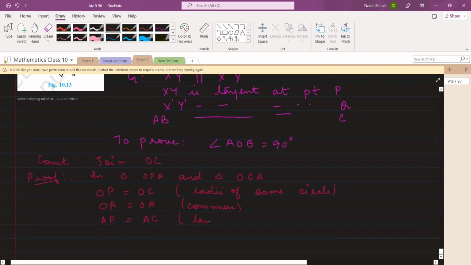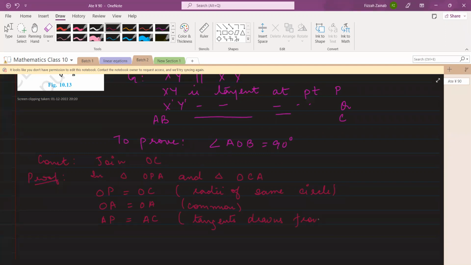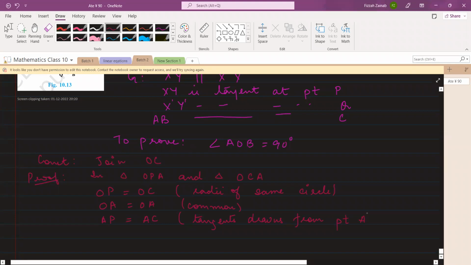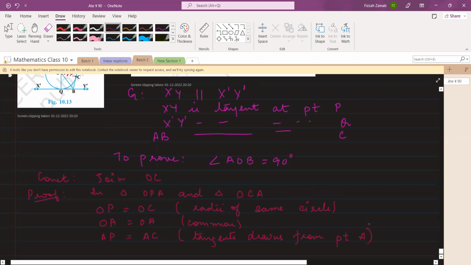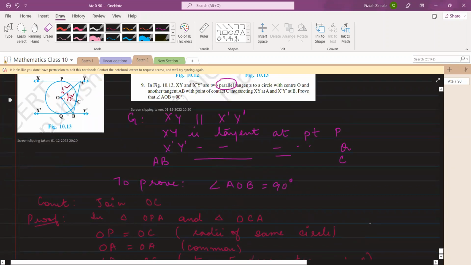No, no, just wait. Tangents are drawn from point A, so ultimately they are equal. Not all the angles equal. Angle 1 and angle 2 equal. And similarly, I'll choose the next pair of triangles. So I'll show that angle 3 is equal to angle 4. And then I'm going to add all of them and we will get the result.